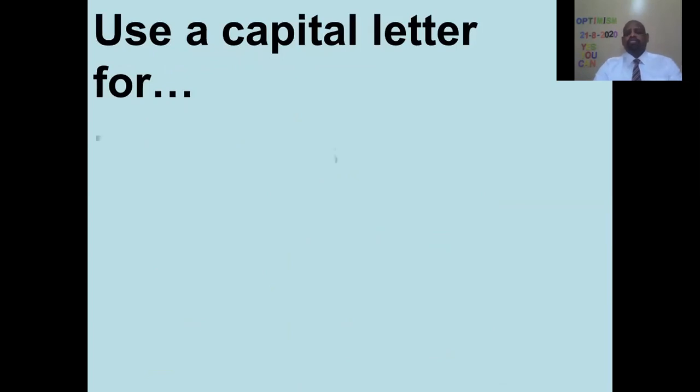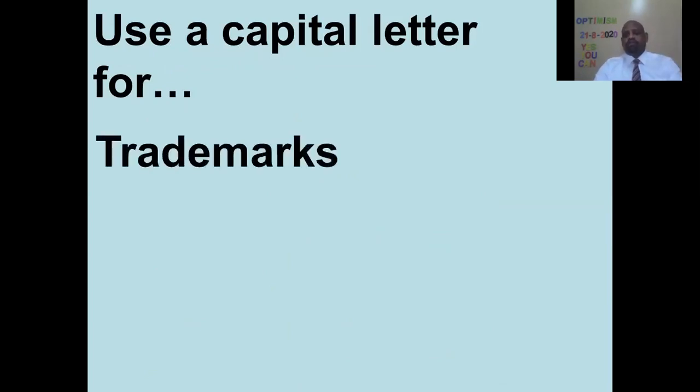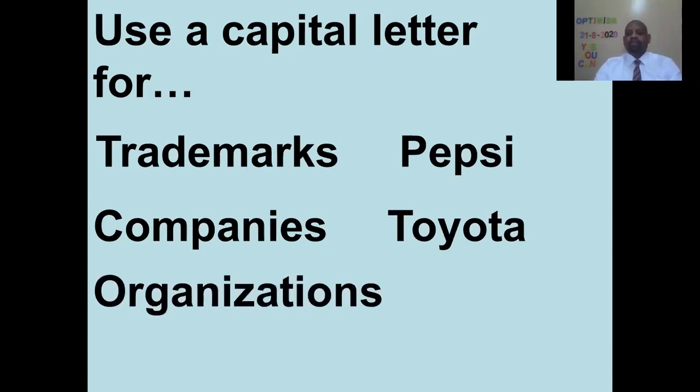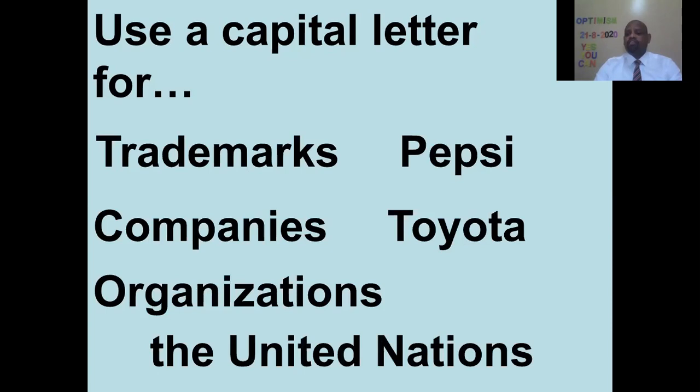Use a capital letter for trademarks like Pepsi, Coca-Cola, or company names like Toyota or Microsoft Corporation. We capitalize the first letter. Organizations, the United Nations, or the Red Cross.